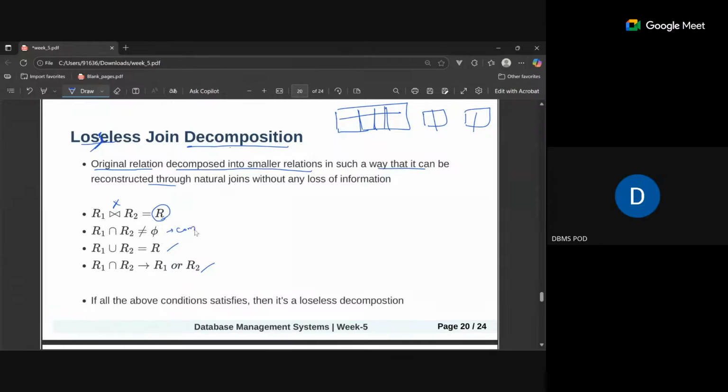The common attribute should not be equal to empty. And if you take the union of R1 and R2, again you should get R. And if there is a common attribute, then by taking the closure of that common attribute, it should determine either one of the decomposed tables. R1 and R2 are nothing but the decomposed relations.